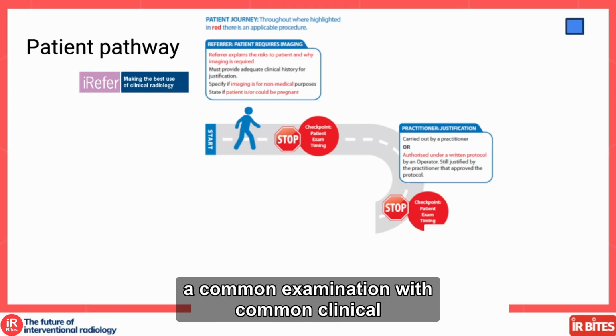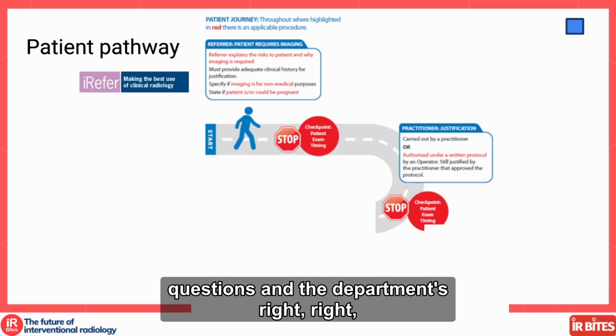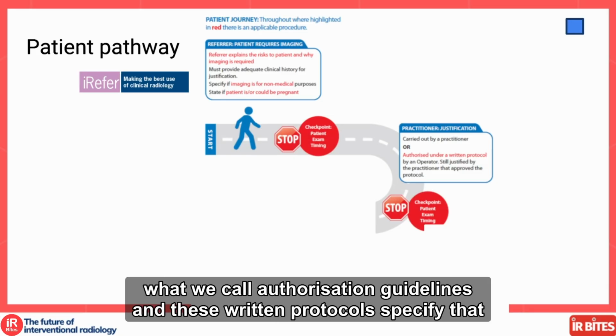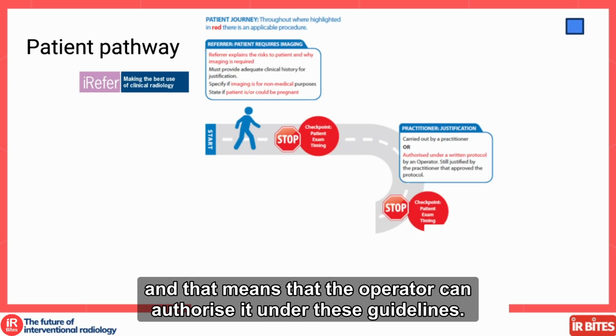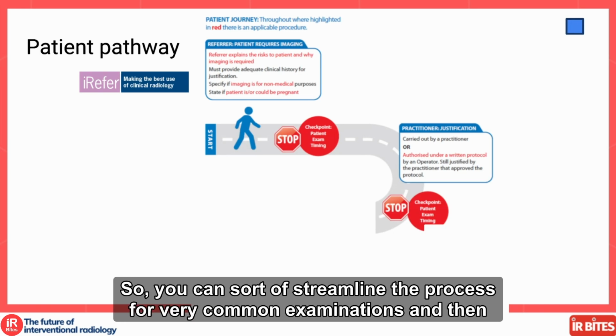If there is a common examination with common clinical questions, the departments write what we call authorization guidelines, and these written protocols specify that these exposures are justified for these particular reasons, and that means that the operator can authorize it under these guidelines, and so you can streamline the process for very common examinations.